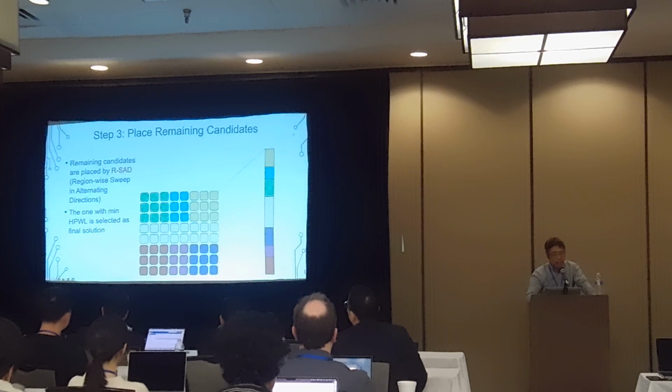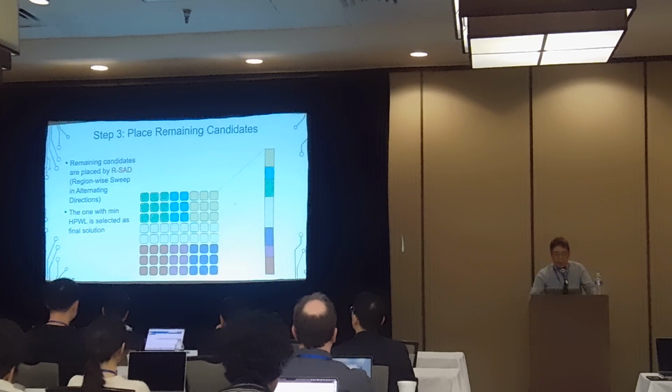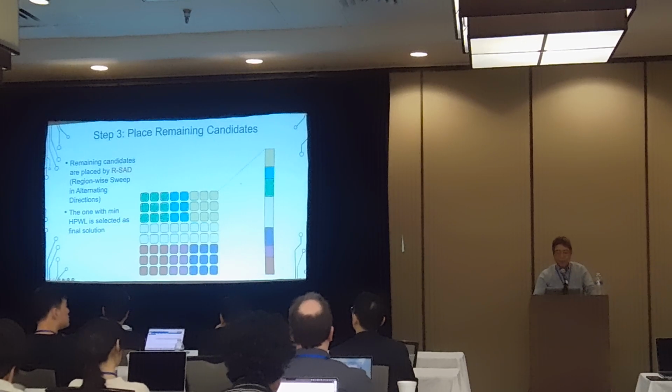It's called RSET, which is region-wise swap in alternating direction. I will elaborate in a later example. So here, this array is only one partition. On the right is one DSP column.